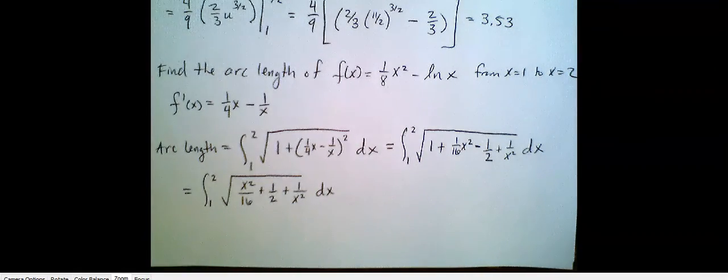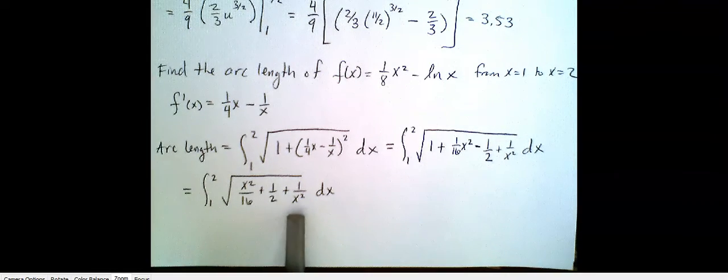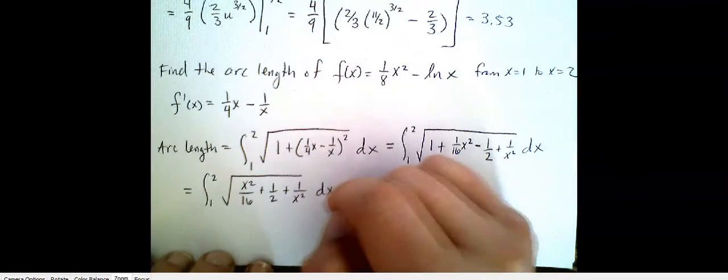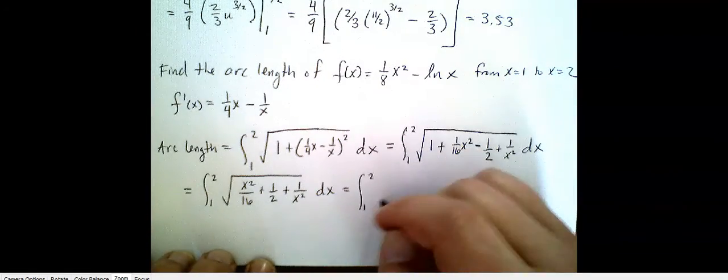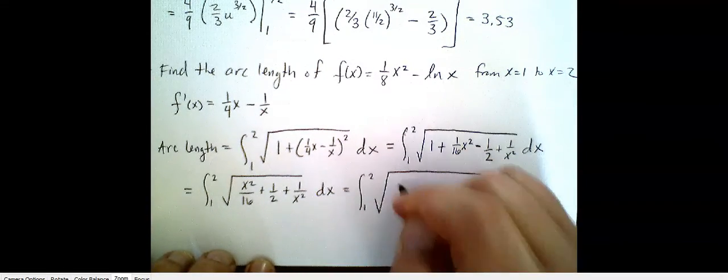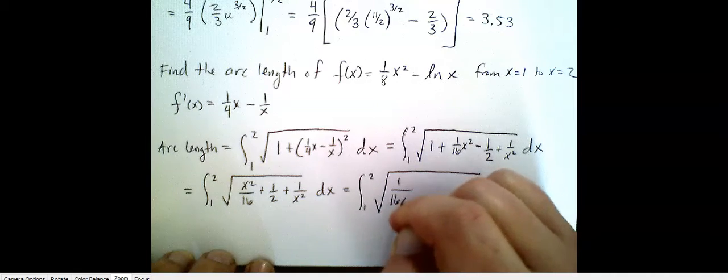Alright, so this one looks a little ugly, but what we can do here is do a little bit of factorization, right? So what I'm going to do is factor out 1 over 16x squared.